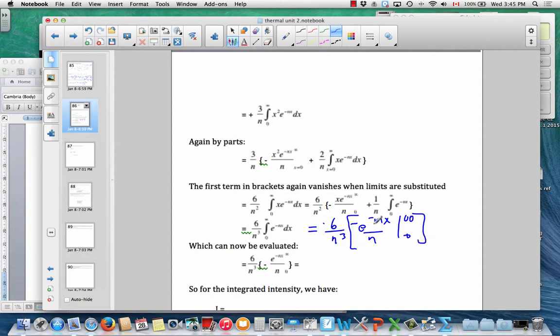And now we just need to put in infinity, put in 0, and subtract, and that just works out to be 1 over n. So it's 6 over n. Oh, sorry, it's down here. Oh yes, I had evaluated it already. Isn't that nice? So that's just 6 over n cubed, and then it is 0 minus 1 over n. So it's 6 over n to the 4.